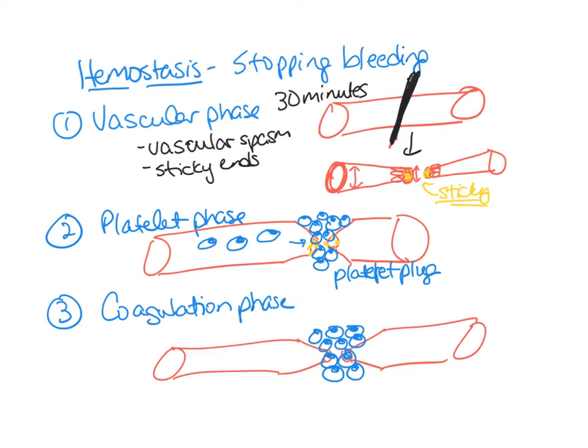It takes about 30 seconds after a cut for this to start. But in this process, a plasma protein. So in the plasma, remember in the blood here you have plasma and you have cells, blood cells, right? And then you also have these plasma proteins. Well, one of these plasma proteins that we have is called fibrinogen. Fibrinogen.